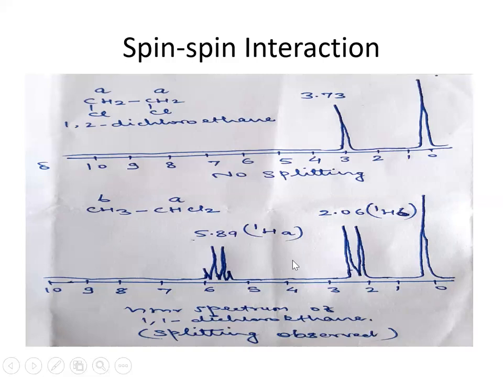When do we get a split signal or a non-split signal? When a compound contains different types of protons, or protons in different chemical environments, then we get a split signal. And in the case when the chemical environment of all the protons is the same, like 1,2-dichloroethane, we get a non-split signal. Is it clear?